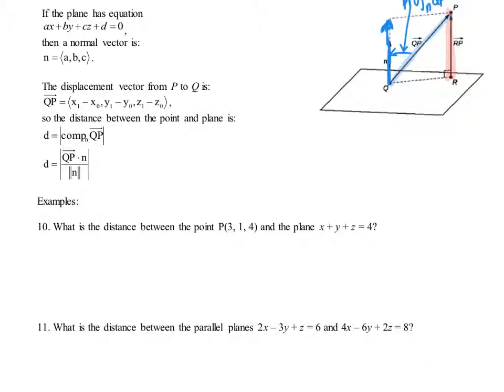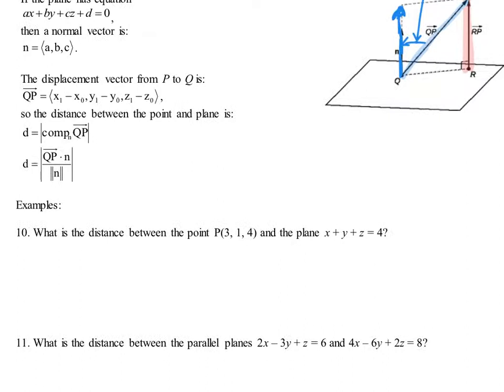So I'm going to take you through it from top to bottom next class. But the good news is it's pretty procedural once you have this relationship: QP dotted with n over the magnitude of n. So n is our normal vector related to the plane. n in this case would be 1, 1, 1.